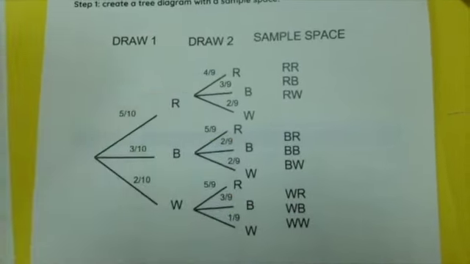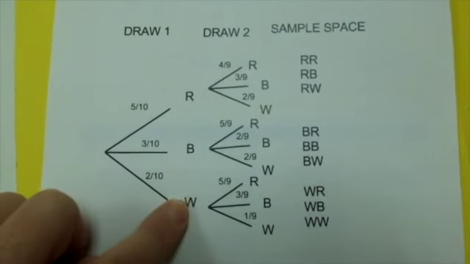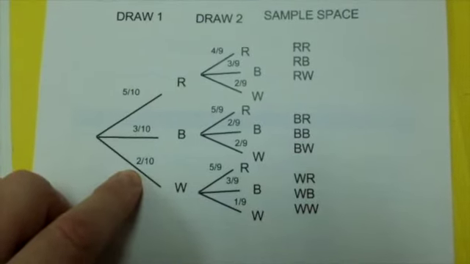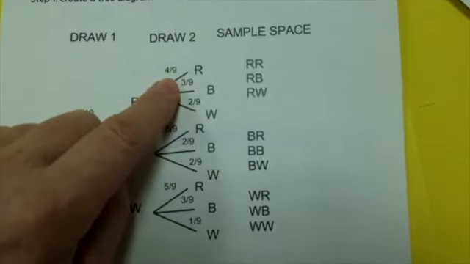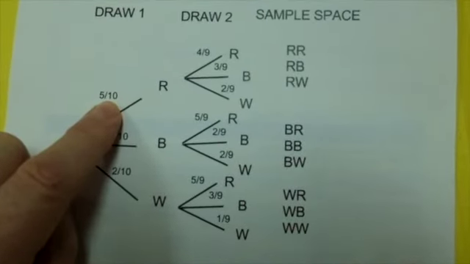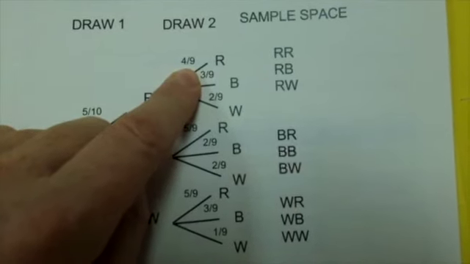So there's 2 parts to it. We need to include the lollies, the names of them, and the probability needs to be included there. Probability is included here as well.